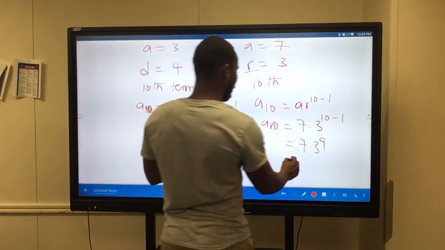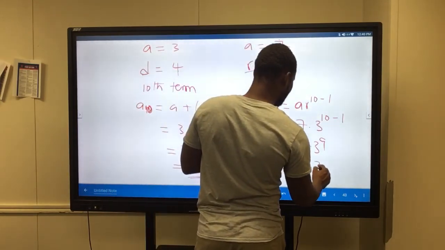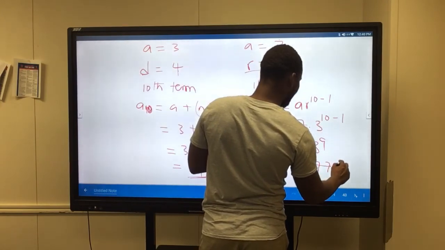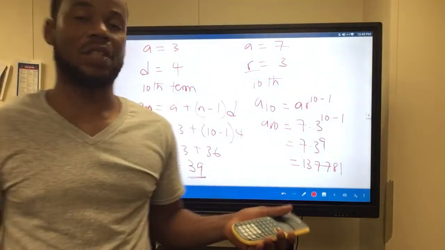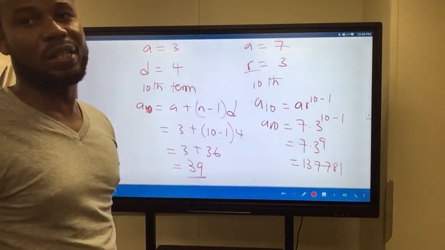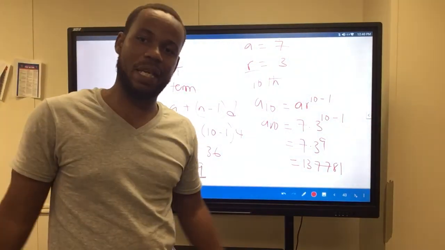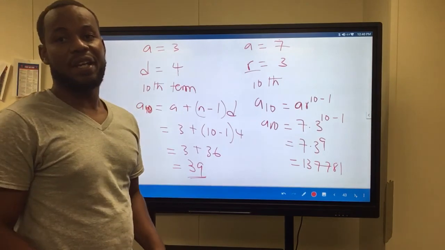This is equal to 137781. So sometimes they will give you the common difference and the first number, and they will ask you to find maybe the 100th term or the 15th term. Just use the formulas, do the substitution, and that will be it.